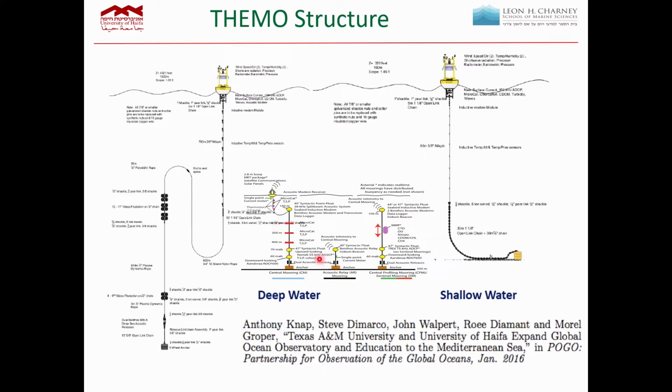Both buoys, we get access to, and we download the data periodically using an acoustic modem. We have a Benthos modem there, and it downloads the data on a daily basis. On the profiler, whenever it goes up, it connects via inductive communication to the buoy at 40 meters, and then connects to the surface buoy, which has another modem on it, about 500 meters away.